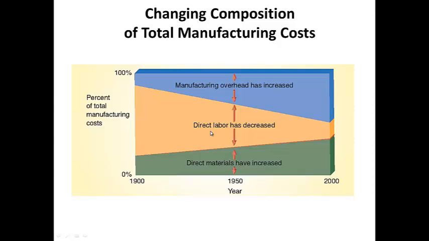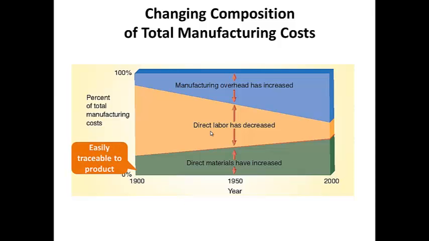Manufacturing processes and retail processes and so forth have become much less labor intensive, and the manufacturing overhead, the automation part, is becoming much more intensive. So what you're seeing now is an increasing de-emphasis on analyzing direct labor, and a much higher emphasis on analyzing manufacturing overhead.